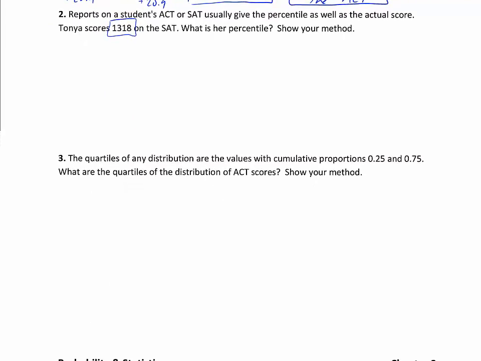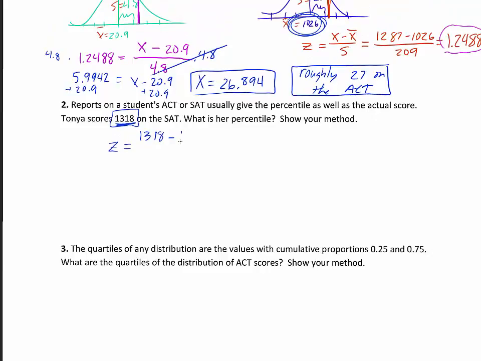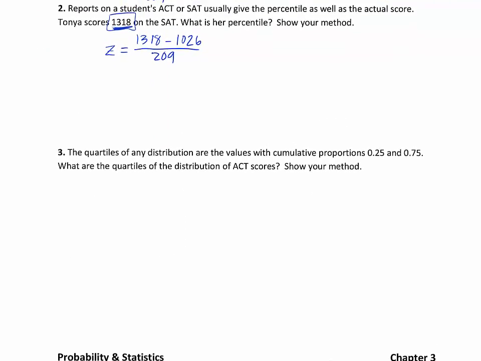Let's go ahead and find her z-score. We need to find z equals, this was her particular information, 1,318. We subtract the mean, 1026, and we divide by the standard deviation, which was 209. It's the same numbers from above. We're just dealing with a different person.